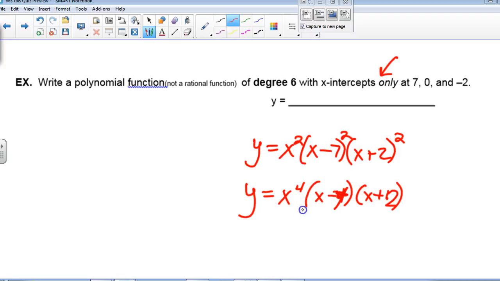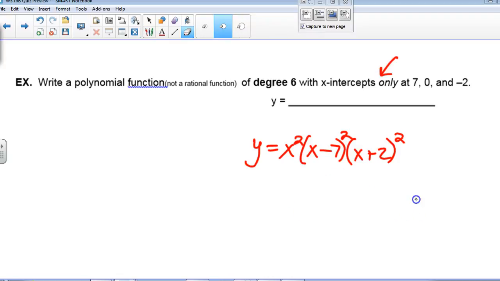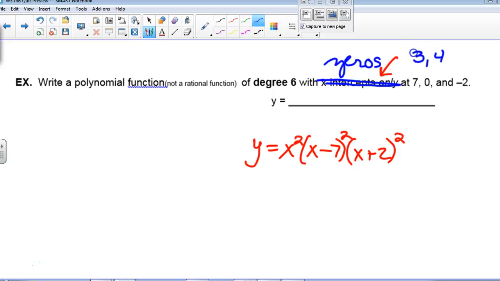All right. The question like this on the quiz is like this one, okay? But what if maybe on the retake of this quiz, if you have to take it, instead of x-intercepts only, it said with zeros at 3, 4, and negative 5i. Well, it would have an x minus 3 and an x minus 4, right?